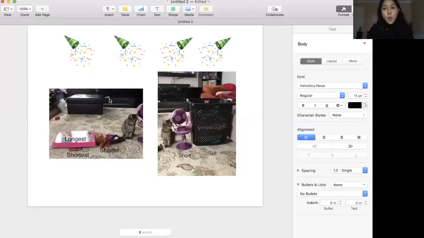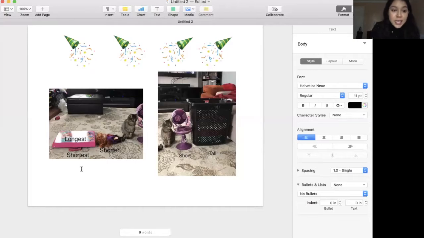Before we do today's attributes, I want to give a huge shout out to a friend who submitted her work and who taught her cat about height and length. Let's go ahead and see the work she gave. Wow.